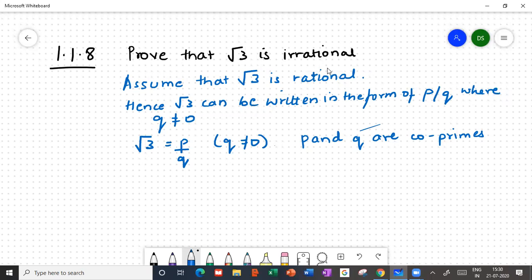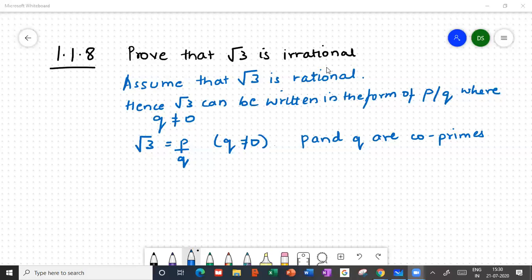Okay, how do we say that P and Q are co-prime? So okay, we are listing down assumptions here. We are assuming that root 3 is rational. Ma'am, if we can square on both the sides. Yeah, so I'll come to that. One of you was asking on what basis we are saying that P and Q are co-prime.